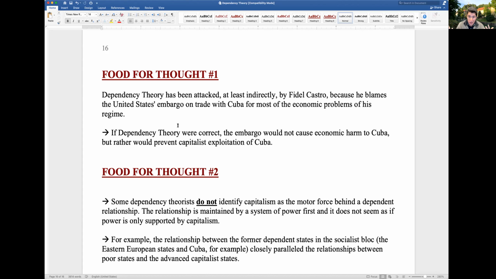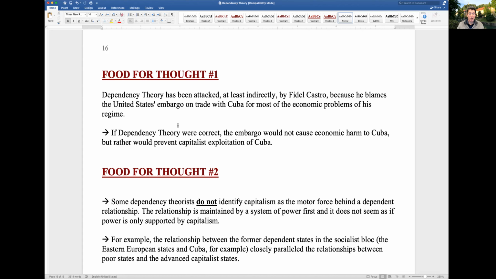But if dependency theory is right, the embargo, rather than causing harm to Cuba, should be producing benefits because the trade embargo in a way was keeping Cuba isolated from the US, right? Preventing the US from exploiting Cuba. I don't know if you understand this argument. I hope you do.